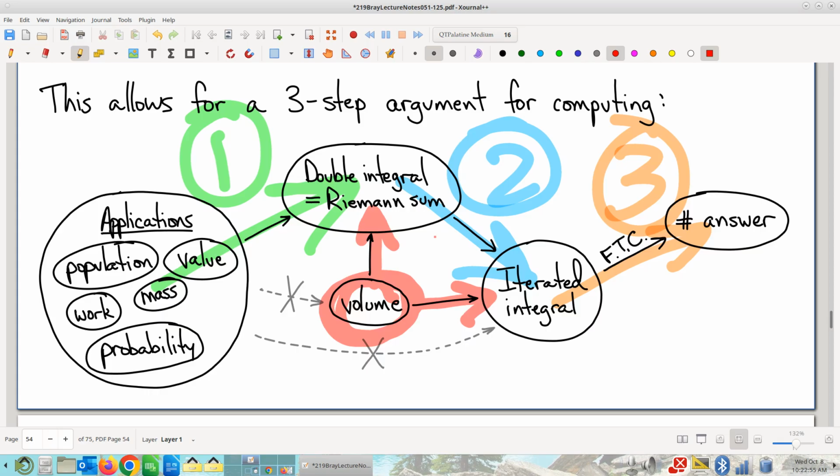To me. But don't make the mistake of thinking that you can make an argument about how to compute some application like mass by trying to make the case that it's the same as volume. It's at best a very awkward argument to try to make in a legitimate way.